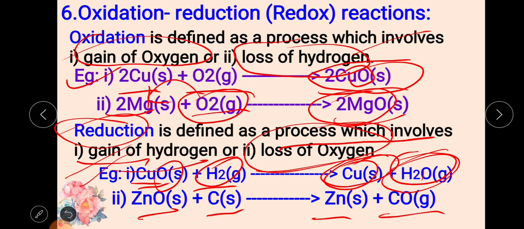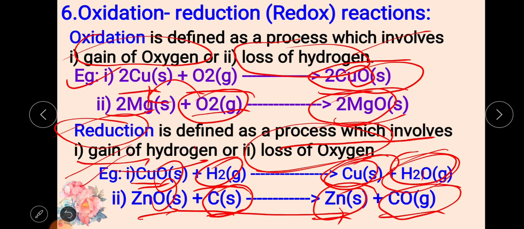Here carbon reduced the zinc oxide to only zinc, means oxygen is removed from the zinc oxide, so we got zinc and carbon monoxide as products. Carbon is the reducing agent, because of which zinc oxide has lost oxygen and gives only zinc.